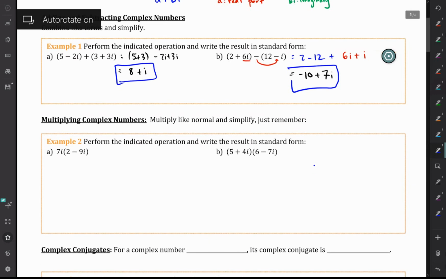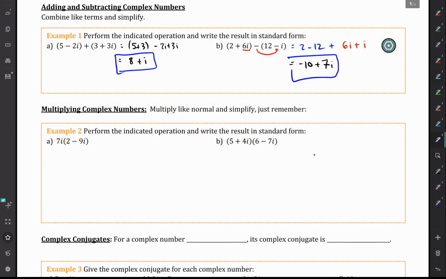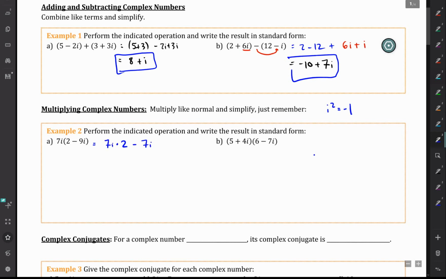Okay, now when multiplying complex numbers, you multiply just like normal and you simplify, but you need to remember that i squared is equal to -1 by definition. So let's do this first example. We want to distribute 7i into 2 minus 9i. So that's going to be 7i times 2 minus 7i times 9i.